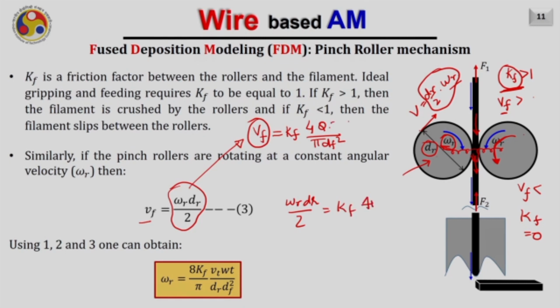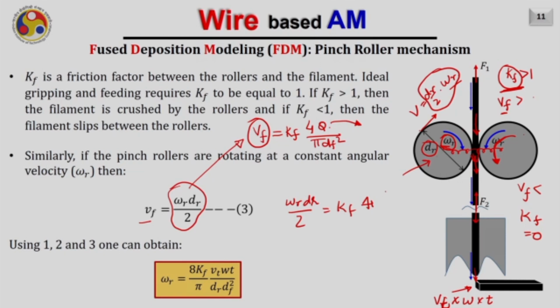Now this Q, I can replace by the deposition rate or the volume rate we were calculating at the exit of the nozzle, because the input to the nozzle and the exit of the nozzle, the volume flow rate should be the same, and we calculated at the exit that the volume flow rate was Vt, the traverse velocity, into the width of the deposited bead into the thickness of the deposited bead.